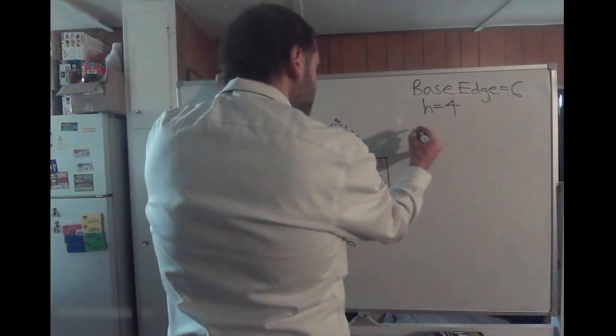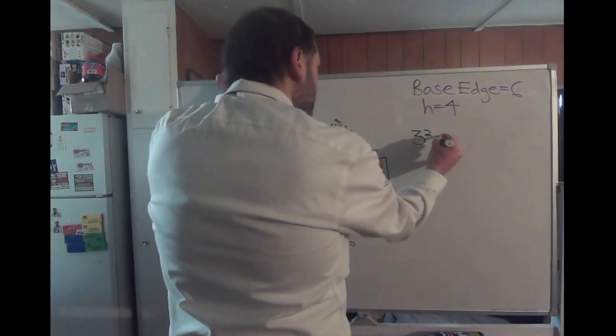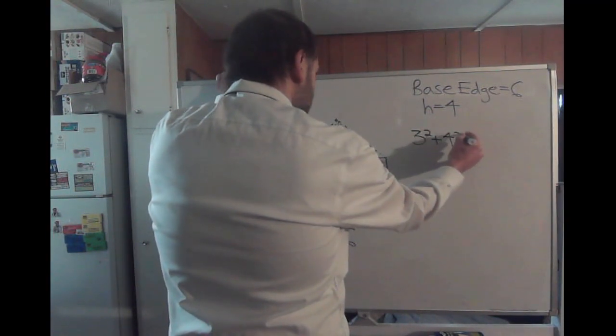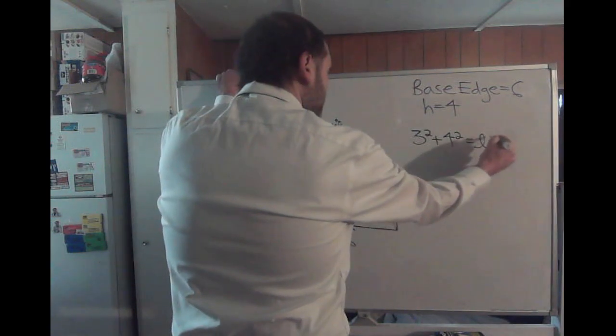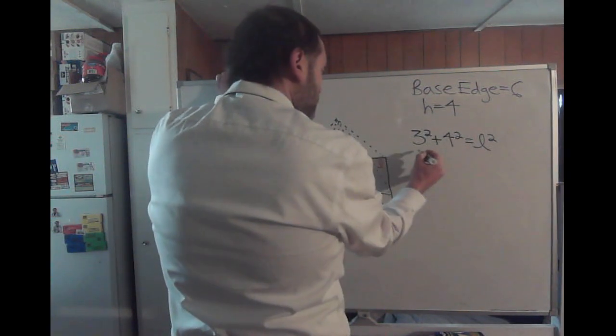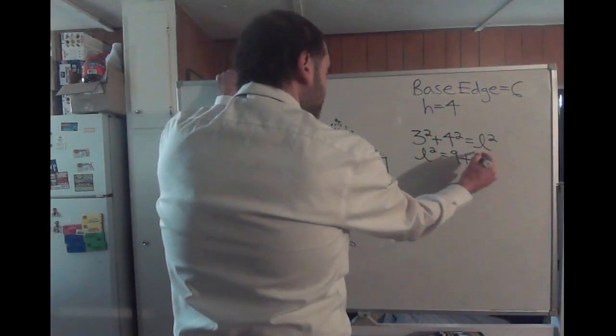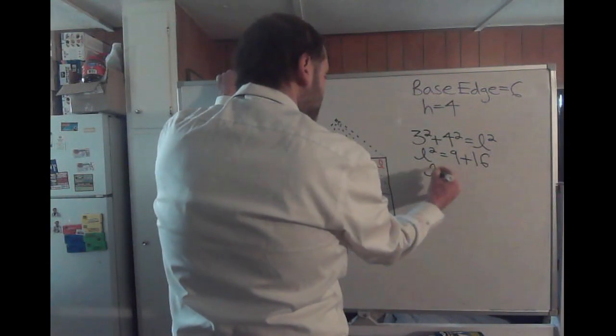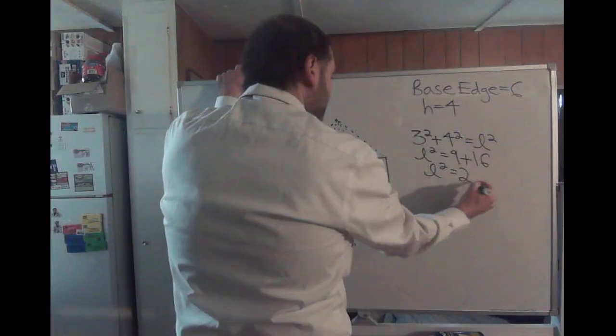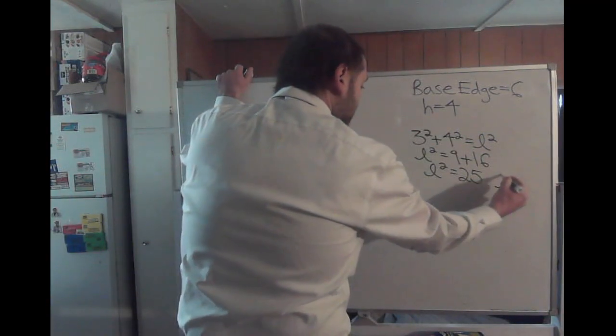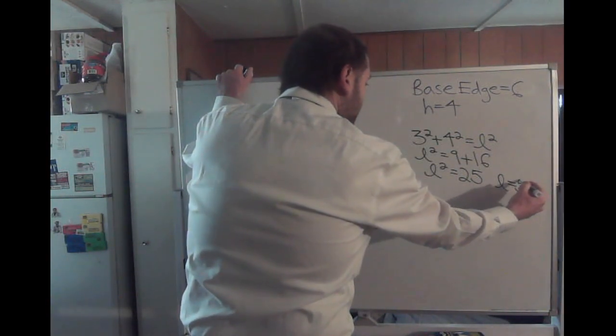So now I can take the 3 squared plus 4 squared, set that equal to L squared, where then I would get L squared equals 9 plus 16, which means L squared equals 25, which means my slant height L would have a length of 5.